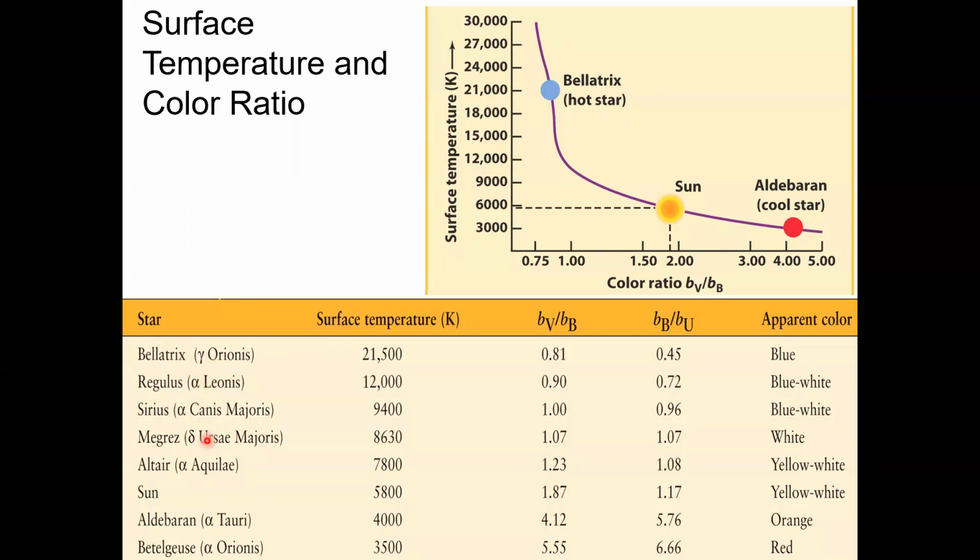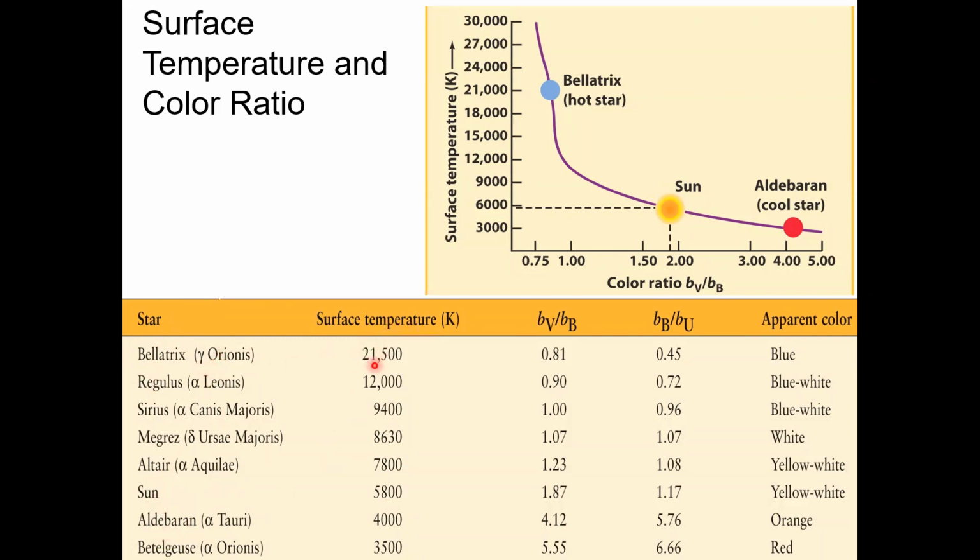Bellatrix, Regulus, Sirius. Sirius is here again. Sirius is the brightest star in the night sky, and it's the main star in Canis Major. Altair is a very bright star. Aldebaran, Betelgeuse. Now you can see the sun is just another star among the other stars. You can see these numbers.